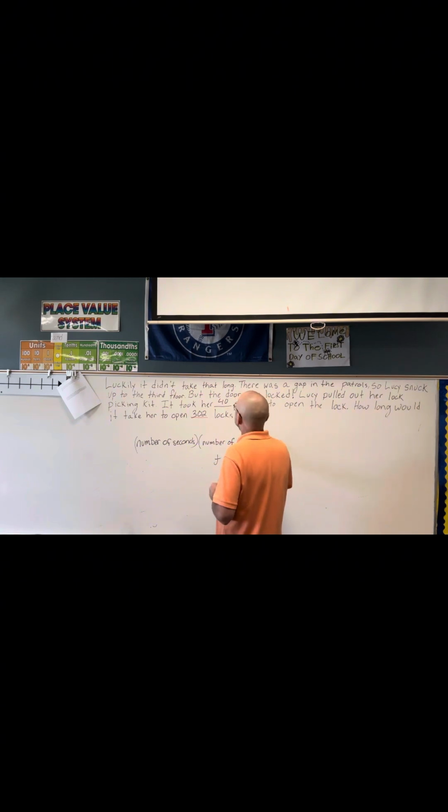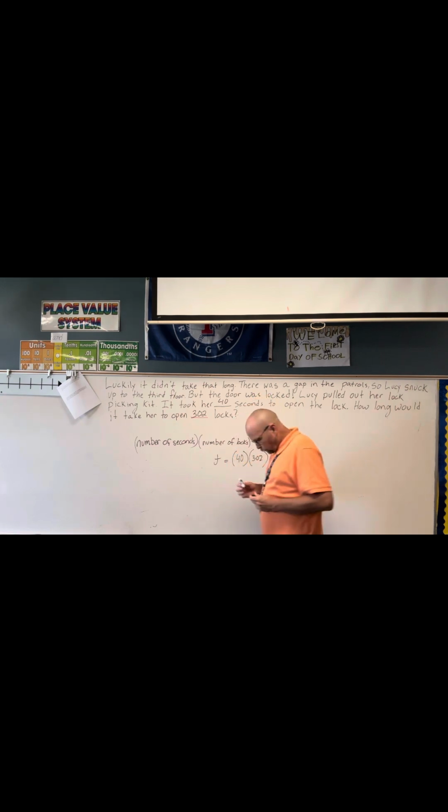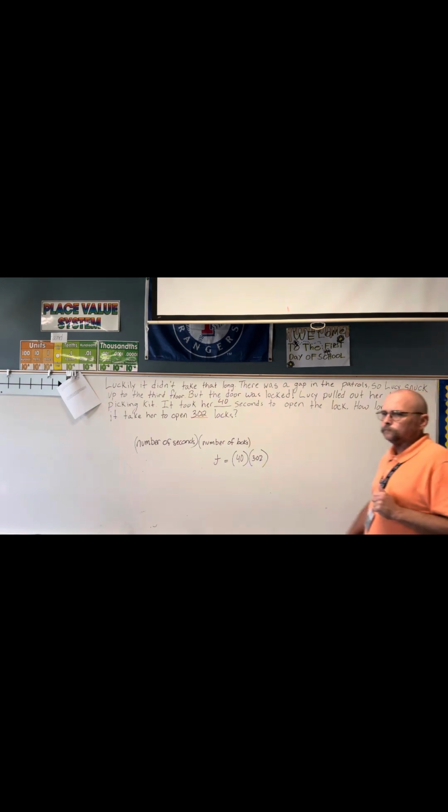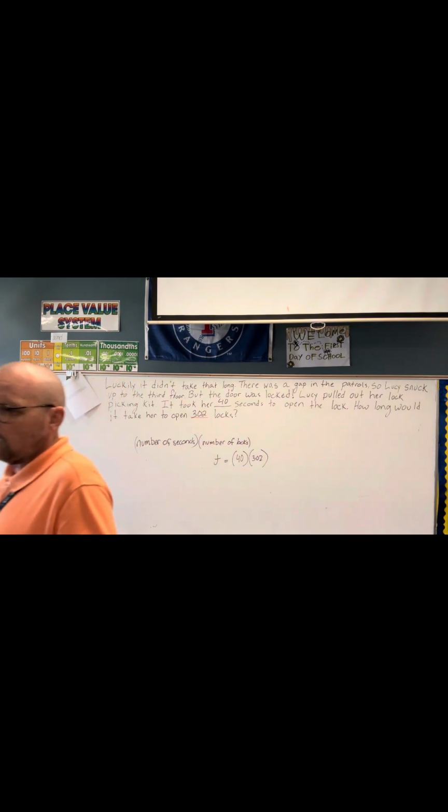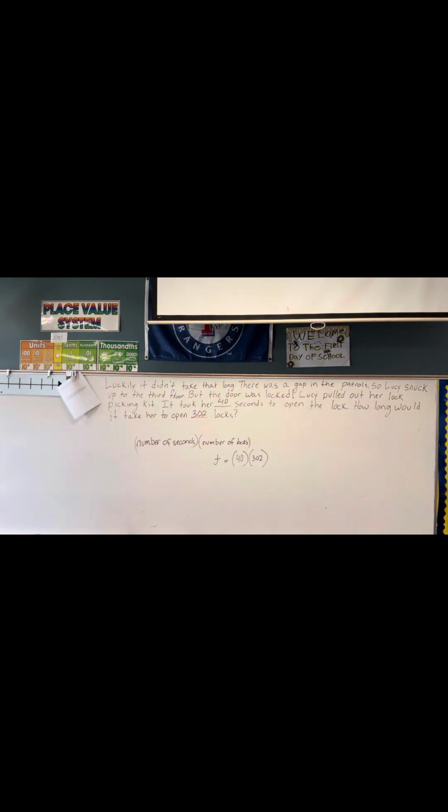Let's see, number of seconds was 40, times the number of locks, which was 302. So time, T equals 40 times 302. T's time. So we've learned many multiplication strategies.